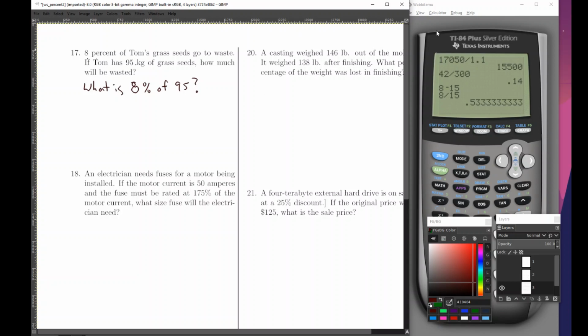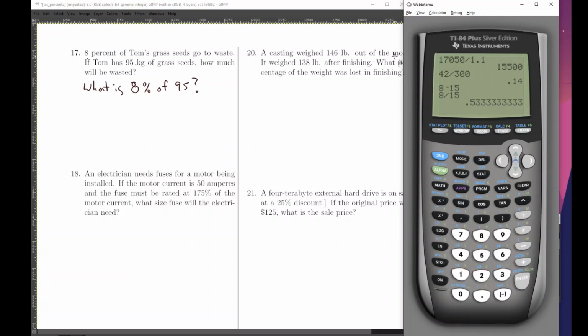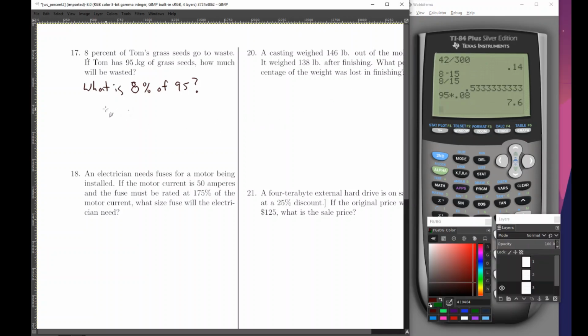That's the question we're asking here. And we'll turn to the calculator and we'll say 95 times 0.08 and we'll get our answer. The amount of waste is 0.08 times 95, which is 7.6 kilograms. Cool.